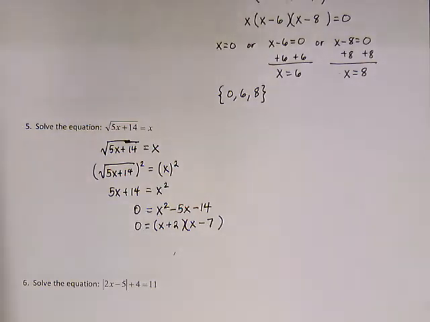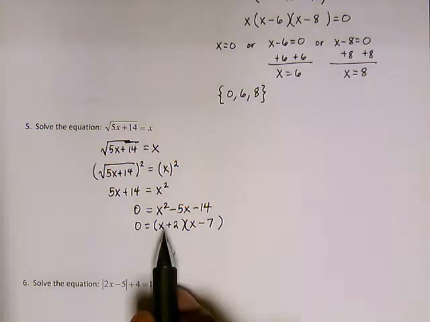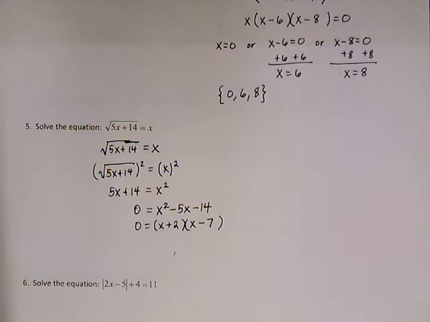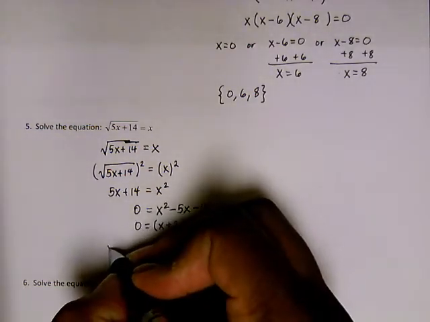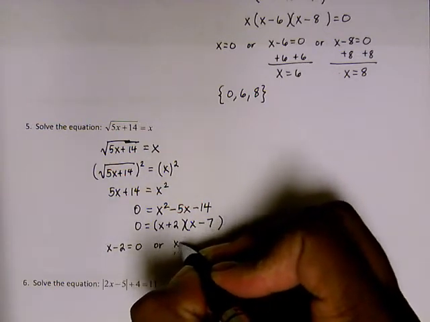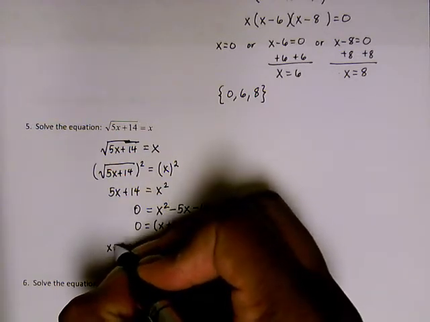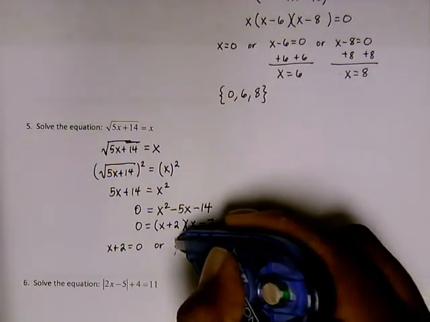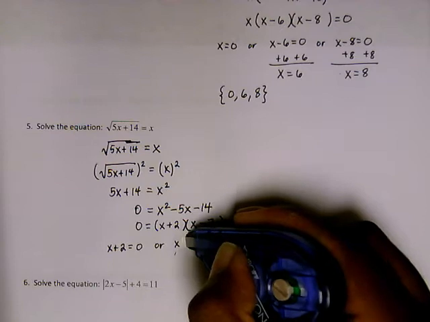So factored completely, I have x plus 2 times x minus 7 equal to 0. And then I'm going to set each binomial factor equal to 0. So x plus 2 equals 0, or x minus 7 equals 0.